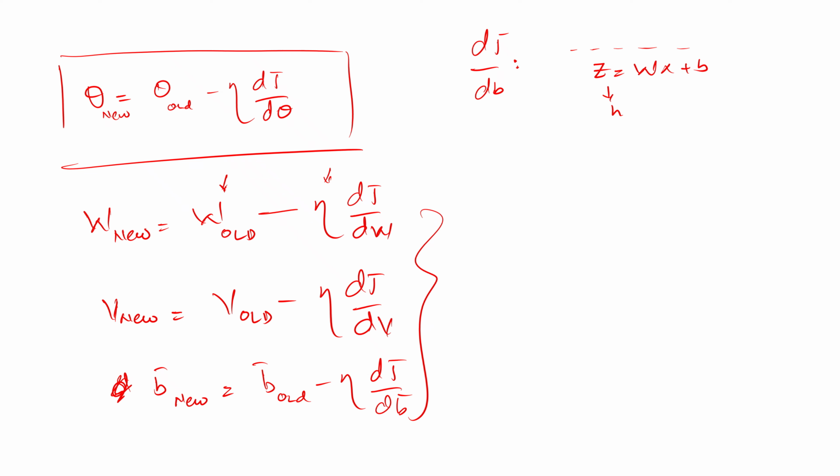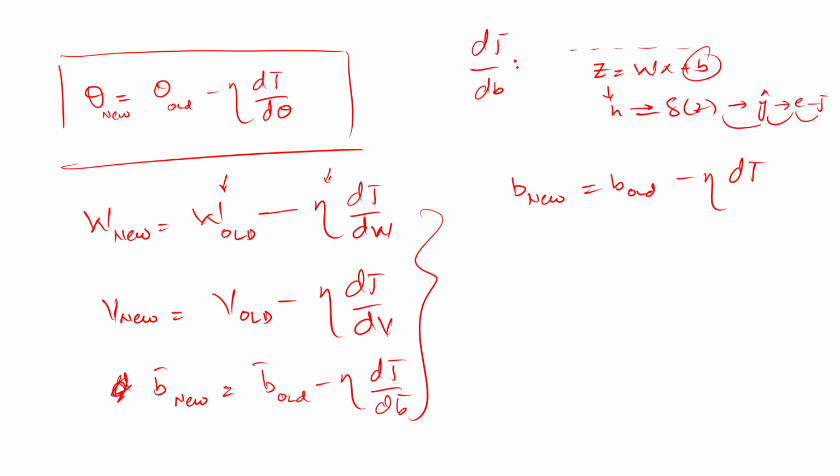From this we obtain h, then we apply the activation function, which is actually the same one, then we obtain y hat, and then e, and then J. So this is the same process. We have to differentiate until we get the derivative of this one. But nonetheless, the gradient descent criteria for this is b new equals b old minus eta dJ by db. Okay, so these four criteria update our parameters.